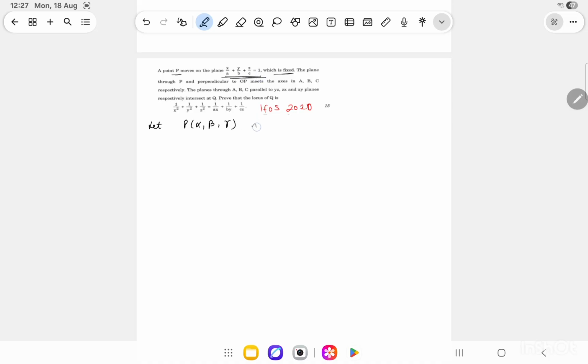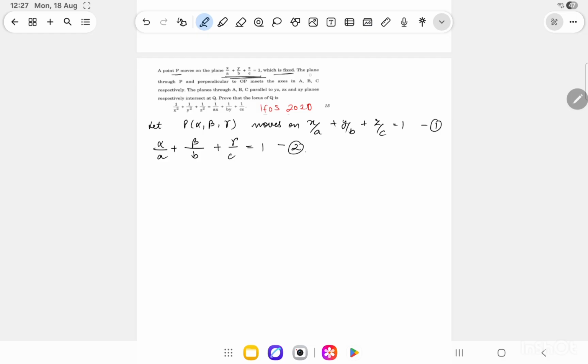So P moves on x by A plus y by B plus z by C equals to 1. Let us name this plane as equation 1. So if my point P moves on equation number 1, then I'll get alpha upon A plus beta upon B plus gamma upon C equals to 1. Let us name this as equation number 2.